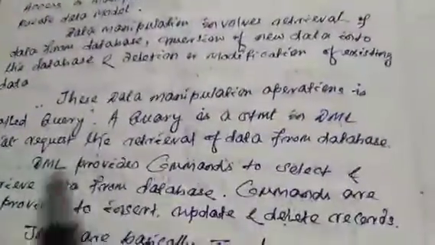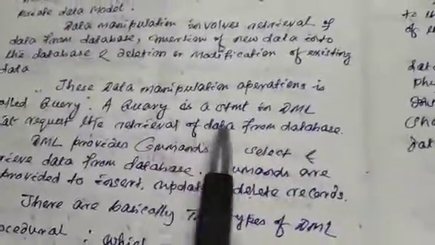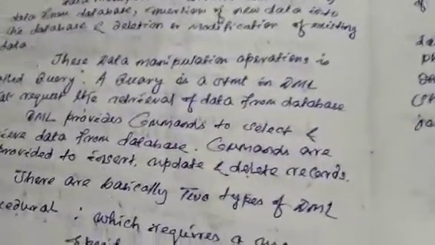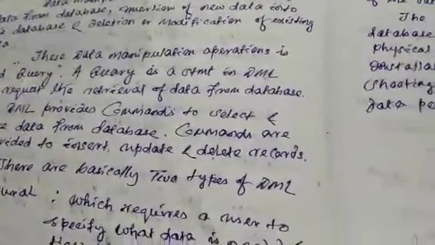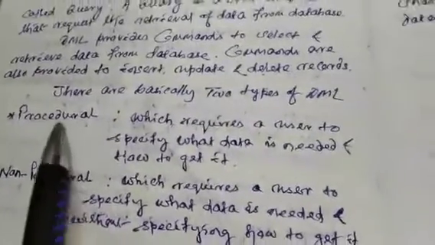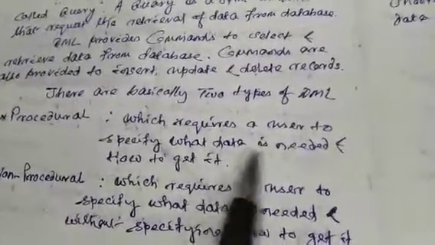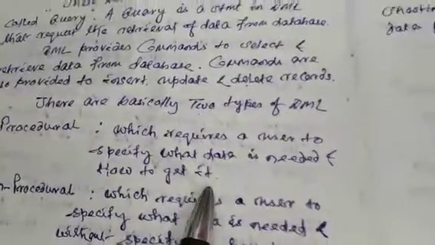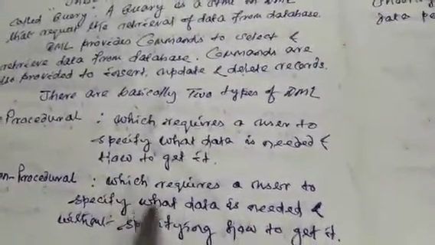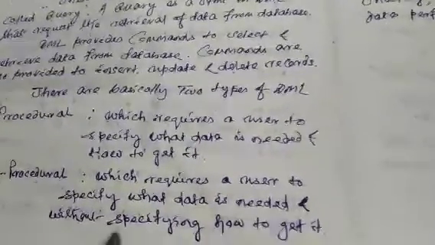A manipulation operation is called a query. A query is a statement in DML that requests retrieval of data from the database. There are two types of DML: procedural and non-procedural. In the procedural case, the user must specify what data is needed and how to get it. In the non-procedural case, the user specifies what data is needed, but without specifying how to get it.